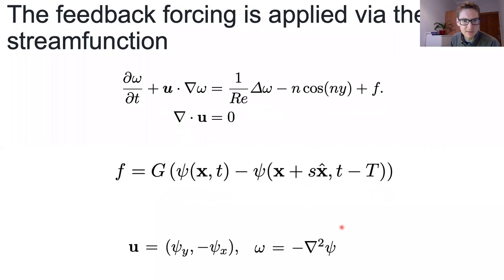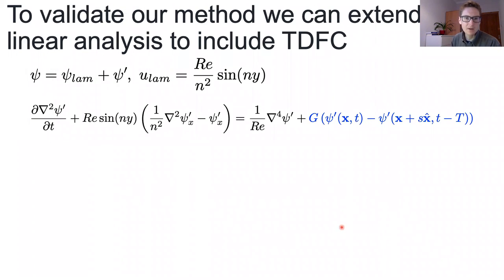Okay, so the first thing I'm going to do is validate the method and make sure that I understand what's going on to some extent by doing a linear stability analysis of the base flow, including in there my time delay terms. So it's basically a repeat of what's been done lots of times before. My base solution is the laminar one I showed you earlier, just mimicking the forcing. So I have a parallel shear flow. I plug in, I linearize my equations.